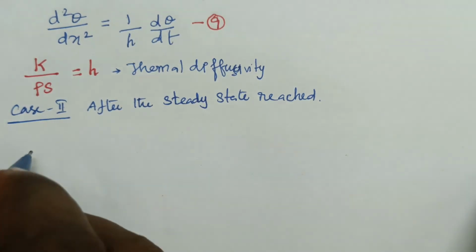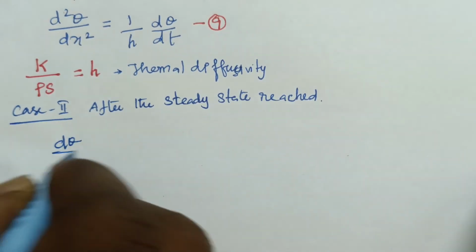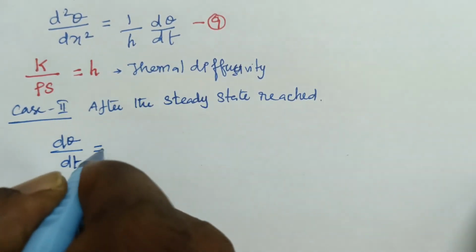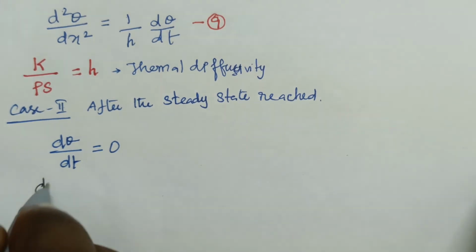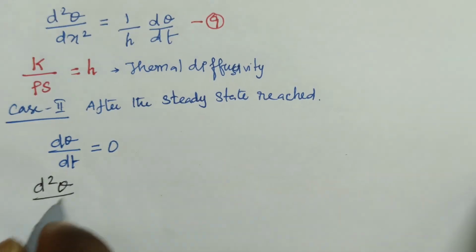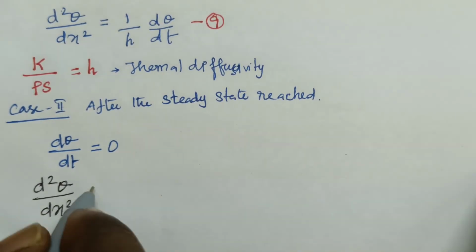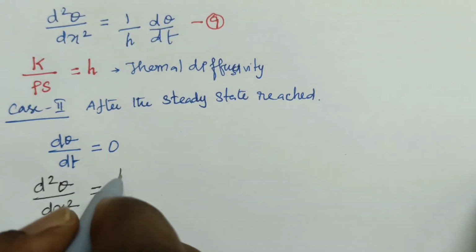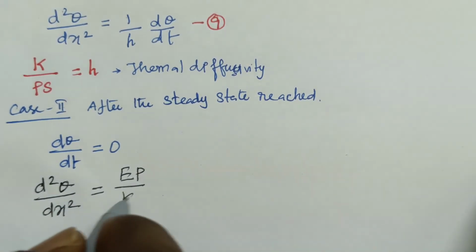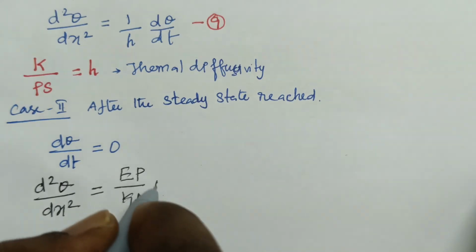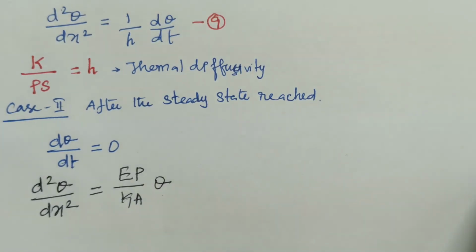which means d theta by dt is equal to 0. That is change in temperature 0. அப்படின்னா from equation 8 லேருந்து நம்ம we can write that is d square theta by dx square is equal to E P by K A into theta.